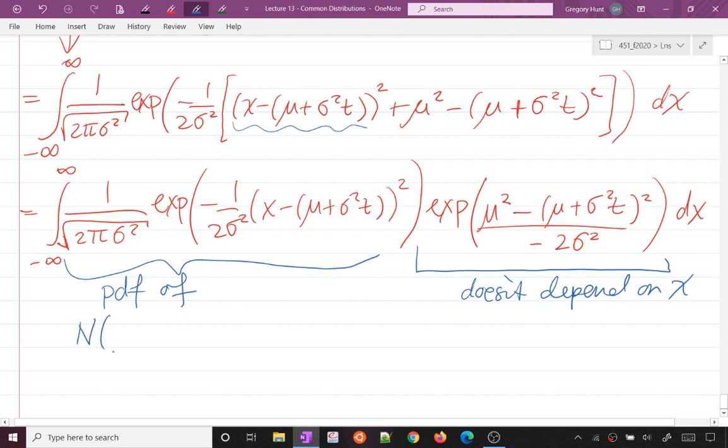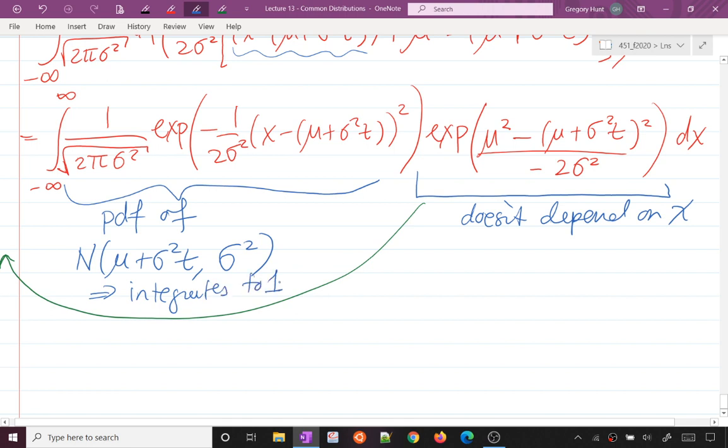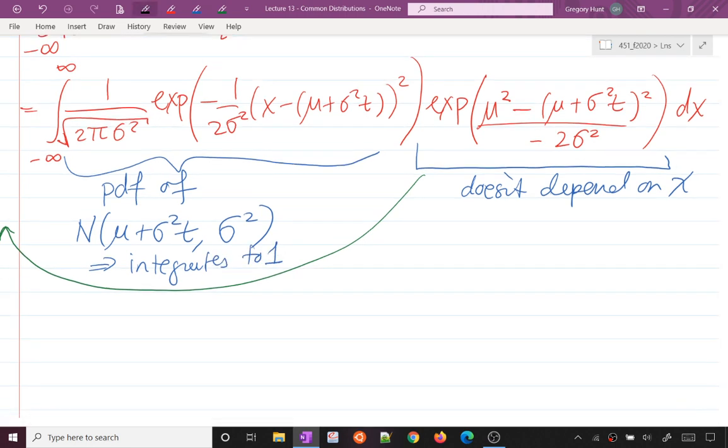It's the PDF of a normal random variable with mean mu plus sigma squared t and variance sigma squared. And so what I'm going to do is take this thing and factor it out, and then the remainder of this is going to integrate to 1. So I can just say therefore it integrates to 1. And so actually all I'm going to be left with at the end of the day is the part that I factor out here.